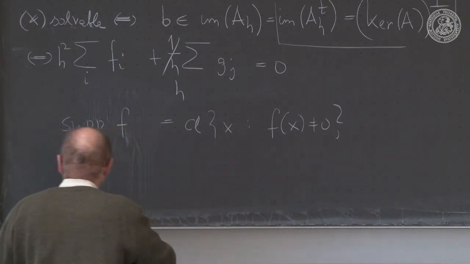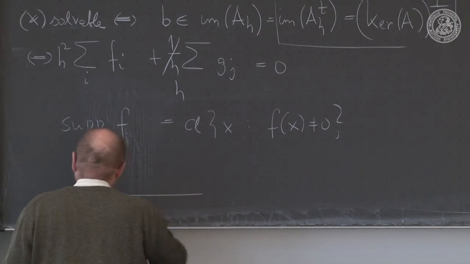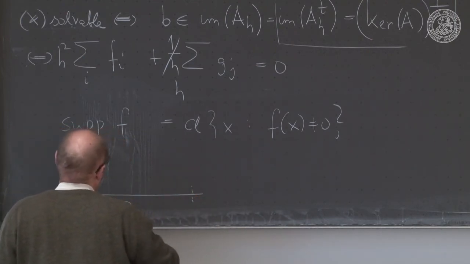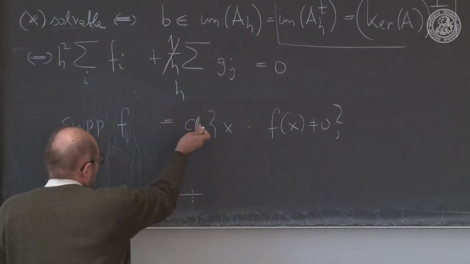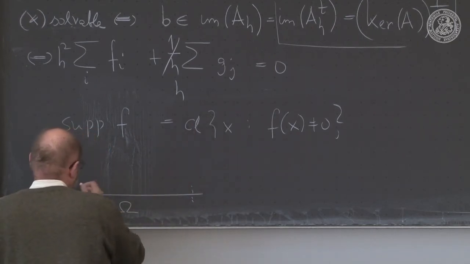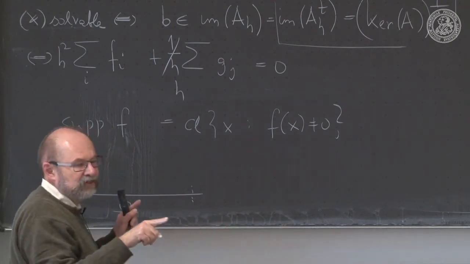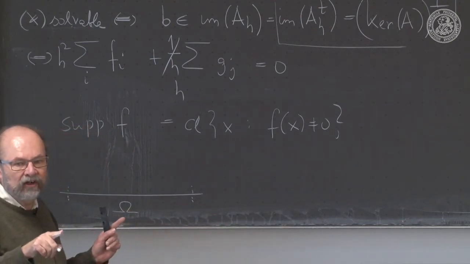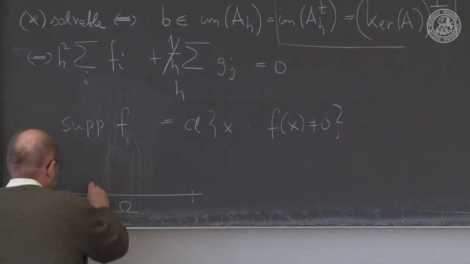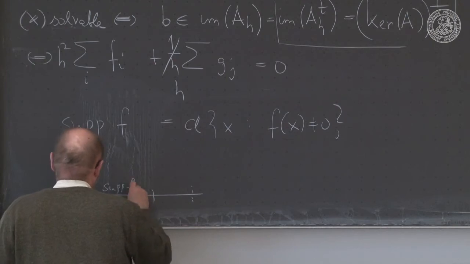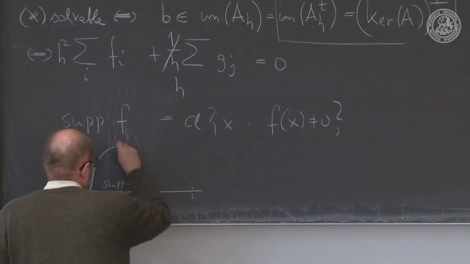So the situation is, this is our domain omega without the boundary, and the compact set is always a closed set, and this necessarily means the boundaries of this set have to stay away from the boundary of the domain. So this then maybe is the support of f. That means f might look like that here.